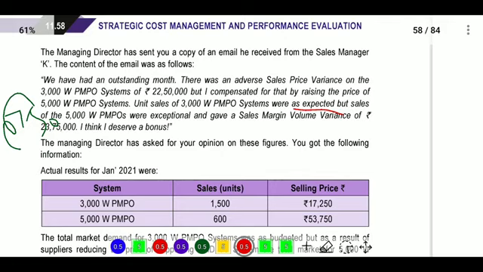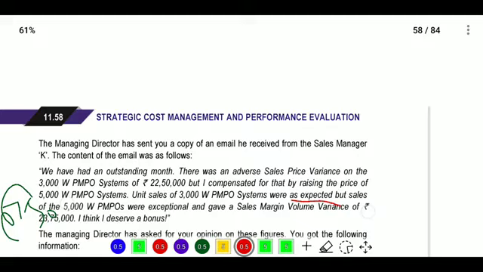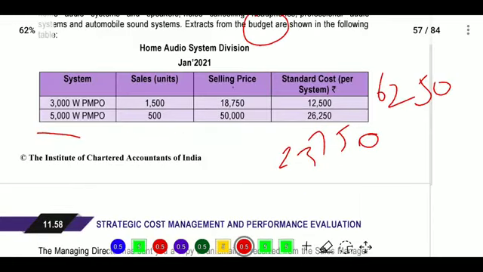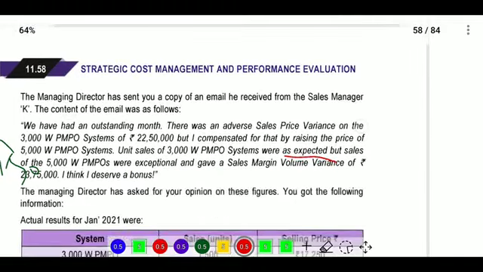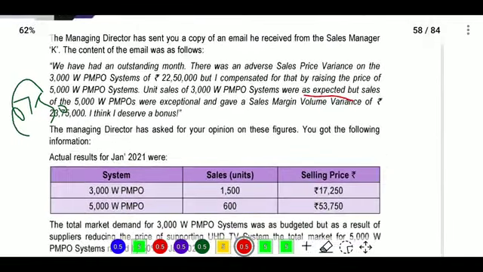Okay, next. Just a minute, what is there here, how much quantity we have: 1500, 500, total 2000 will be the budgeted quantity. Okay, next, the sales margin value variance will be 23 lakh 75,000.